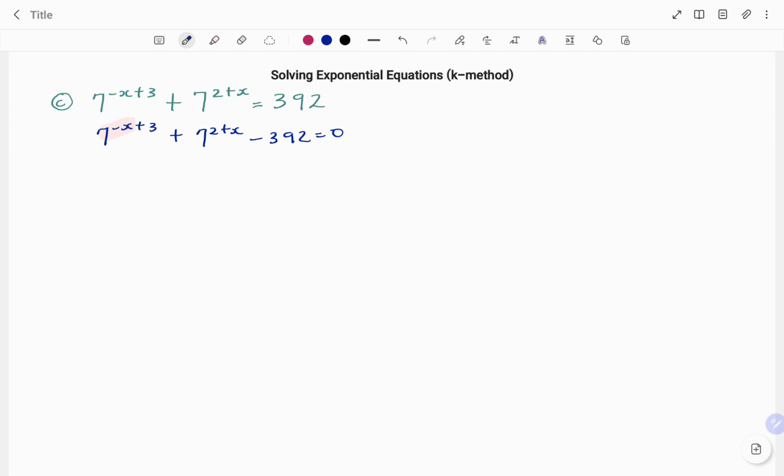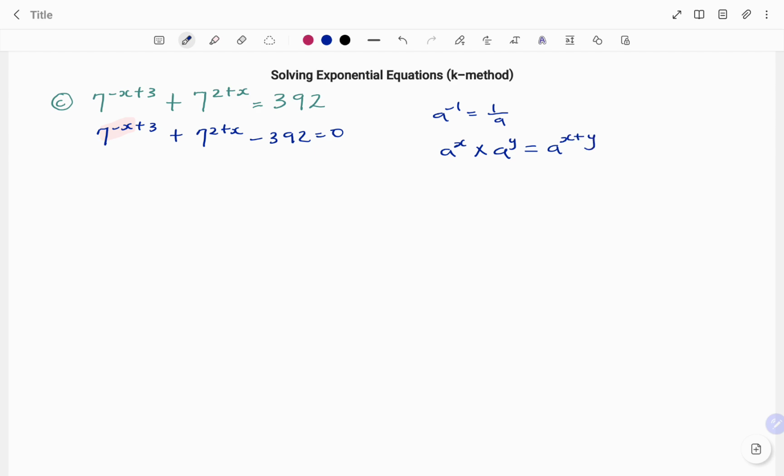Making the exponent positive, I have 7 to the power of minus x here. Applying the exponential laws, if I have a to the power of minus 1, making the exponent positive, I have that as 1 over a. Also, having exponents that have two terms, a to the power of x times a to the power of y is the same as a to the power of x plus y.